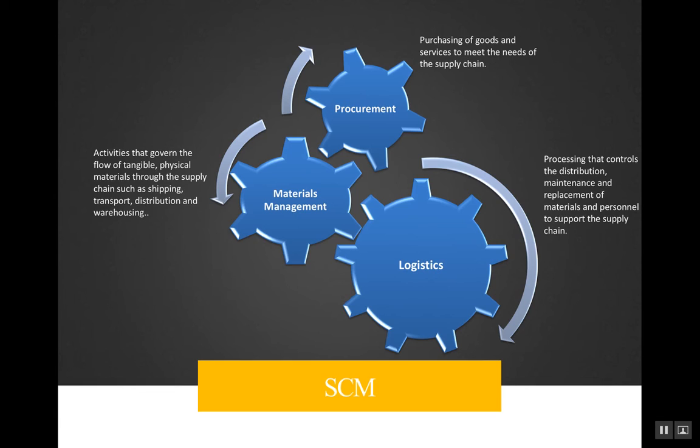And then logistics, the part of the supply chain that handles coordination for shipping, distribution, and getting things to where they need to be at the end. So it's a coordination of three broad areas of processes: procurement, materials management, and logistics. SCM systems will have that functionality and will be integrated with ERP systems to coordinate this on an end-to-end basis.